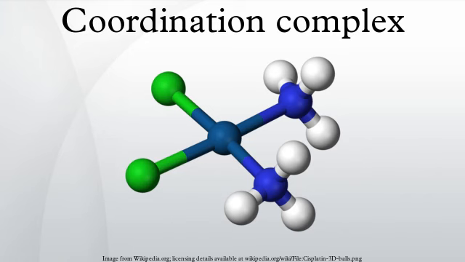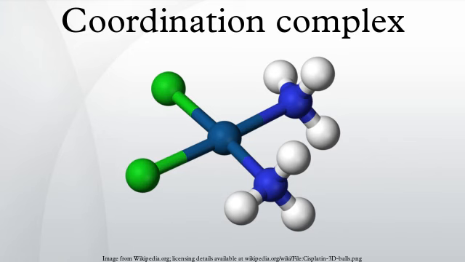This replaces the final -e when the anion ends with -ate, for example sulfate becomes sulfato. Cyanide becomes cyano. Neutral ligands are given their usual name, with some exceptions: NH3 becomes ammine, H2O becomes aqua or aquo, CO becomes carbonyl, NO becomes nitrosyl.